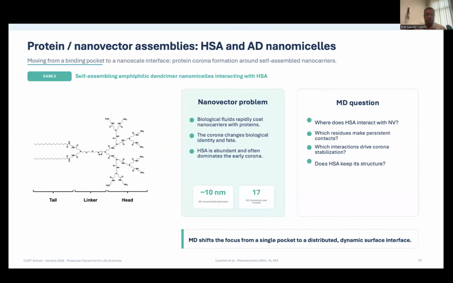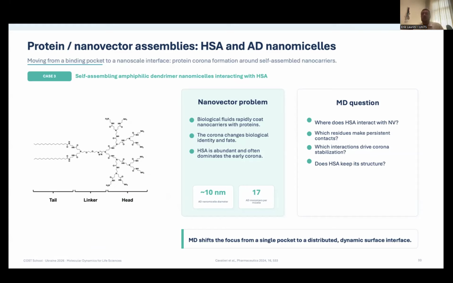Finally, the most complex case study, in which we have a macromolecular system composed of a micelle of a nanovector. This is the structure of a monomer of the micelle. This is an amphiphilic nanovector used for drug delivery and for gene therapy to deliver nucleic acids.